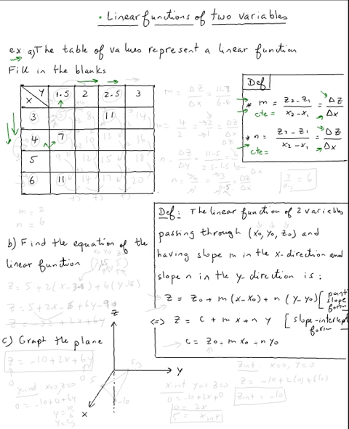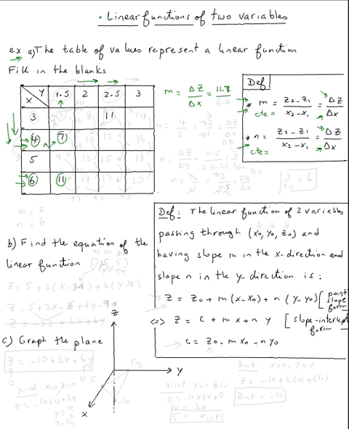So this is what I'm going to do. I'm going to write m in the direction of x. m will be the change in z over change in x. I'm going to do it the quickest way. Now, what is change of x? I'm going to pick just these 2 points. So it's going to be 11 minus 7 over 6 minus 4, right?